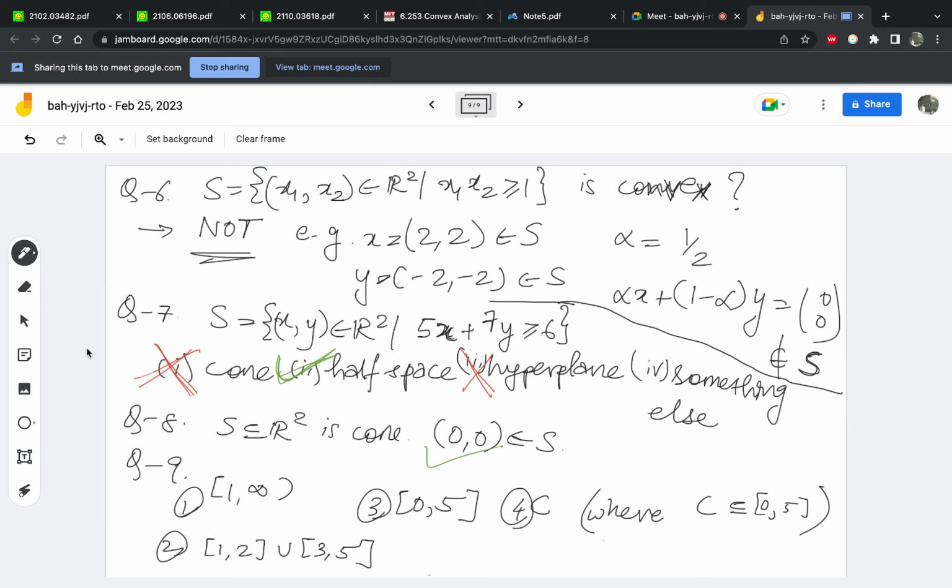It is convex, yeah. So in that case, can the union of these two disjoint intervals be a polyhedron? No, right? Because I can take the point, let's say 2 here and 3 here, and then take a convex combination of these. This won't lie in this set, right? This cannot be a polyhedron because polyhedra by definition are intersections of half spaces. Half spaces are convex. So this is non-convex, so this cannot be a polyhedron.